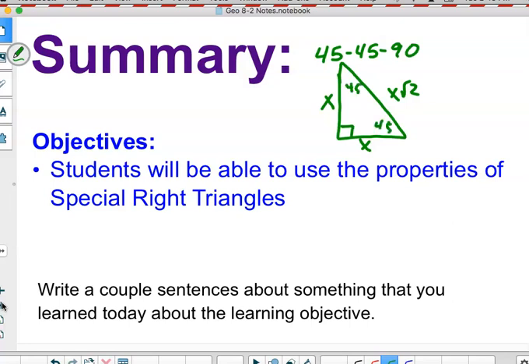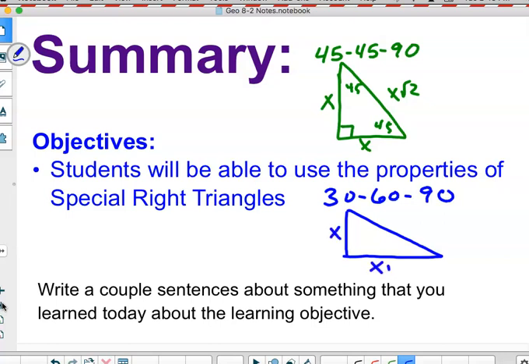And 30-60-90. You'll notice each time I draw them, they're in the same direction, where this is 60 and that's 30, and those are the patterns I have to be very, very comfortable with doing.